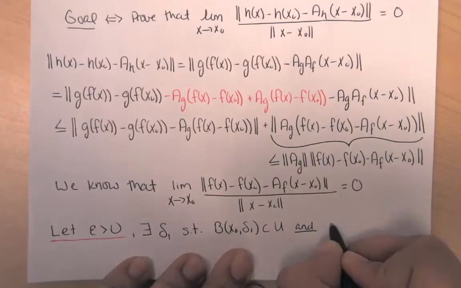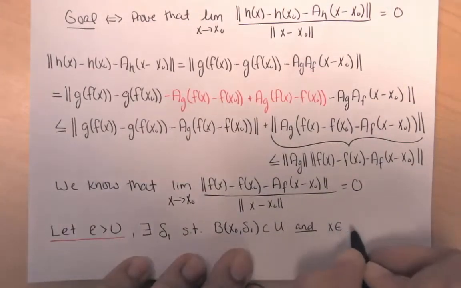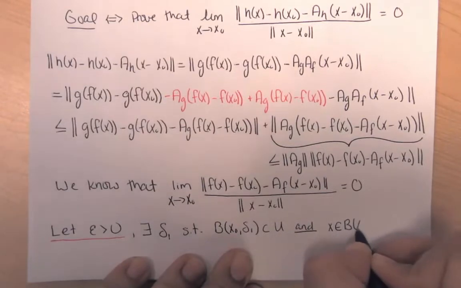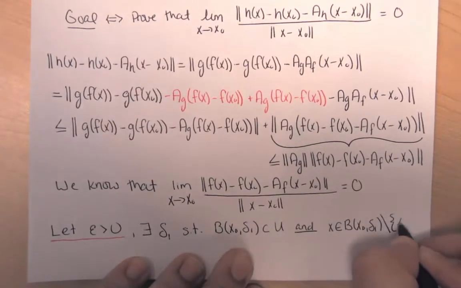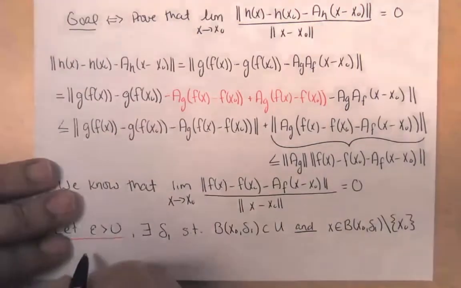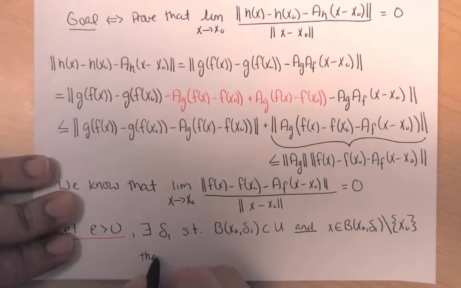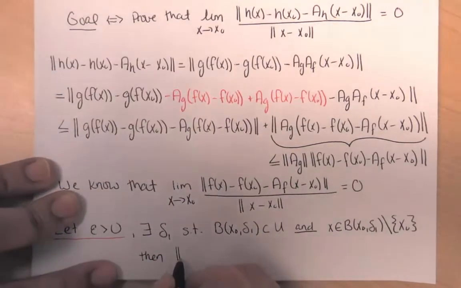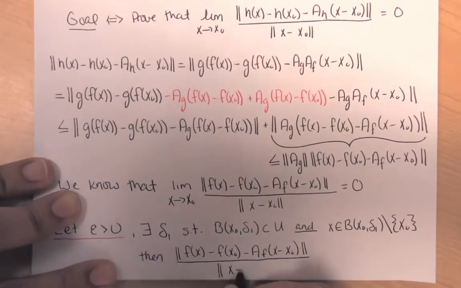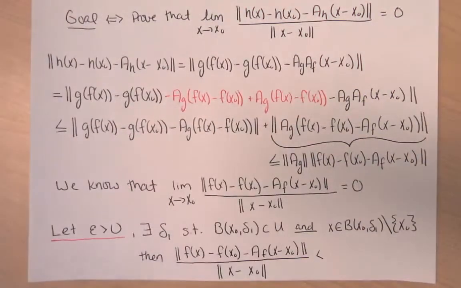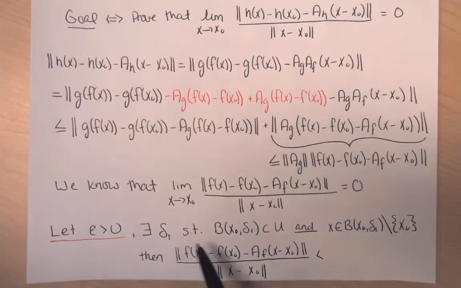And if x is in that ball, but not at the center, then this quotient is less than, well, whatever I want, right? Or rather, for whatever I want, there exists a delta 1 that'll guarantee whatever I want.